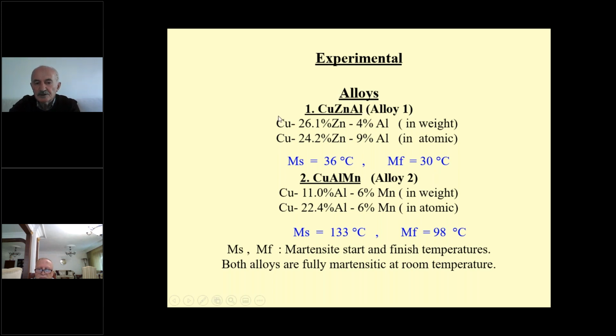As you can see from the alloy compositions, these compositions were selected in the parent phase region of the material. Martensite start and finish temperatures are above room temperature for both alloy samples, and both alloys are completely in the martensitic state at room temperature.